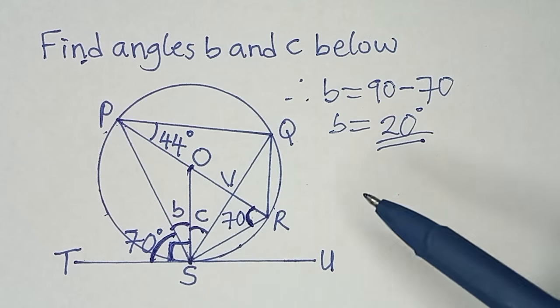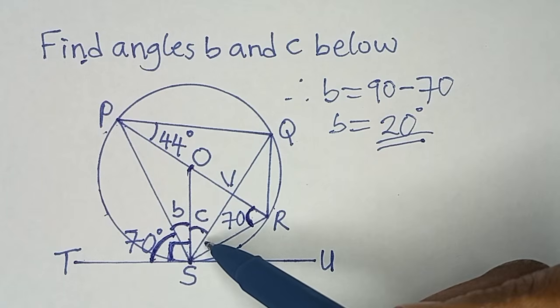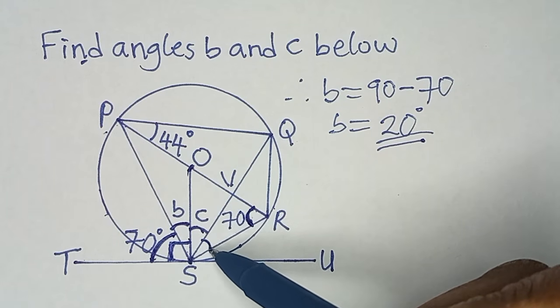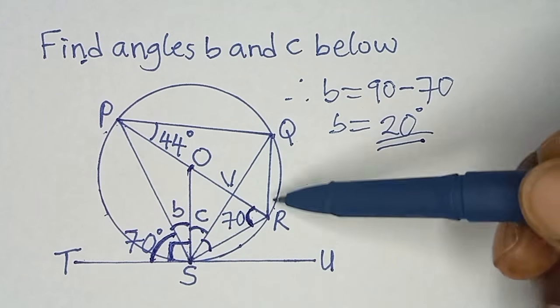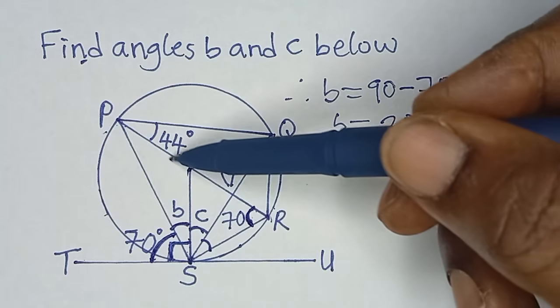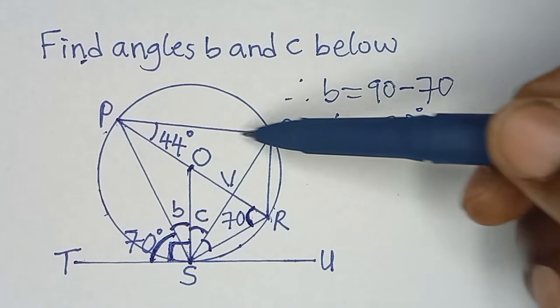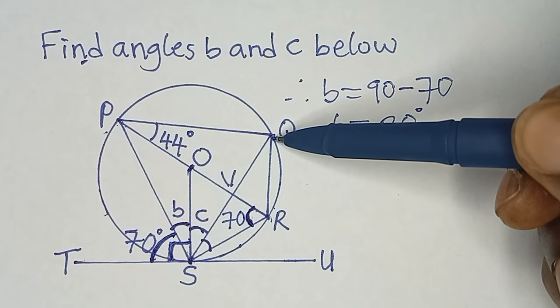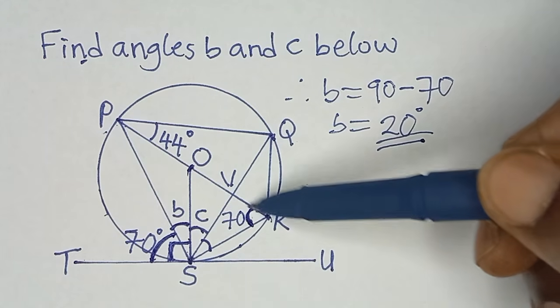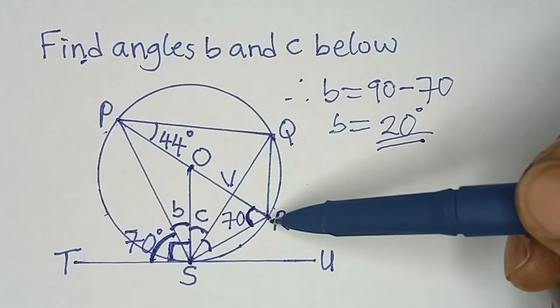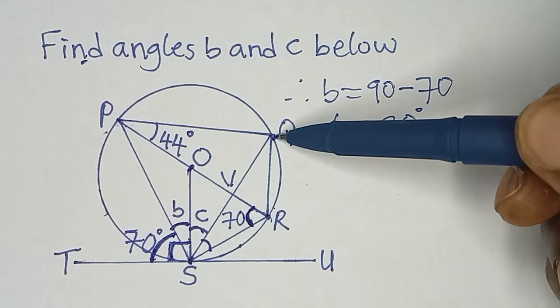But you have to remember that to get angle C, we also need to find this angle first. Look at the points Q and R. I have this line towards the center of the circle. Hope you can see that now. I have this line towards the circumference of the circle from the arrow and Q point I'm talking about now.